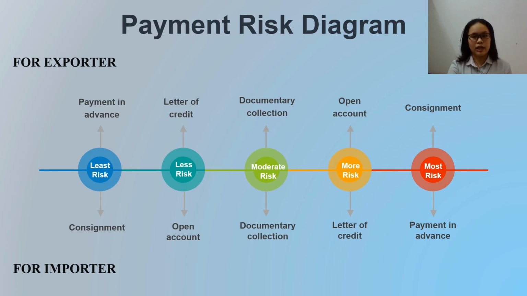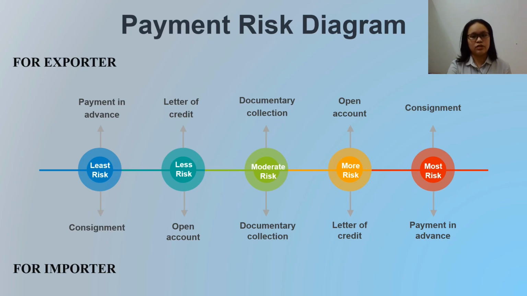For the importer, any payment that they make is considered a donation until the goods are received. Therefore, the importer wants to receive the goods as soon as possible, but delay the payment as long as possible. The importer prefers to resell the goods and generate enough income before they pay the exporter.